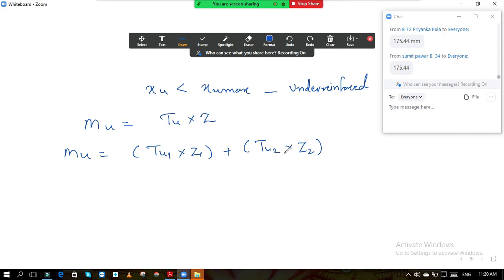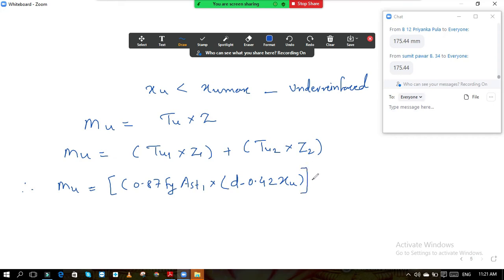Now you need to put the values in the formula. So MU is equal to TU1. What is TU1? It is 0.87 FY AST1 into D minus 0.42 XU.